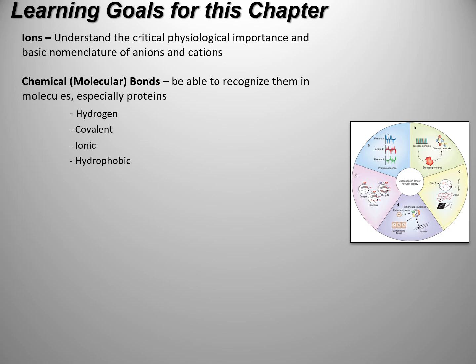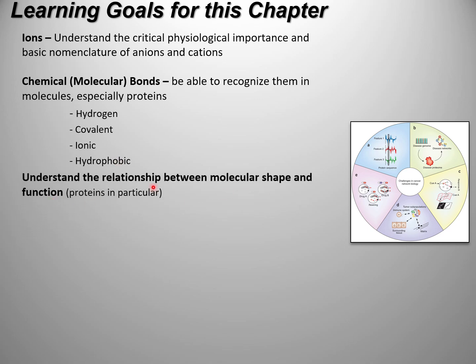For instance, testosterone, estrogen, any of those steroid, if you will, lipid hormones need carrier proteins, and they're carrier proteins because they have a hydrophobic region. Understand the relationship between shape and function, proteins in particular. The shape is everything when it comes to function. Just like in anatomy, structure and function are deeply interconnected. Here, we're going to live in the world of the protein.